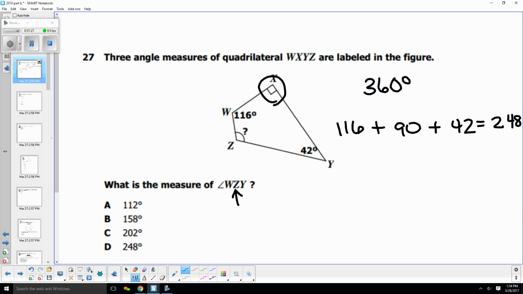Now you take your 360 degrees total and subtract that 248, and I would get what? 112. So 112 degrees. A is your answer there.